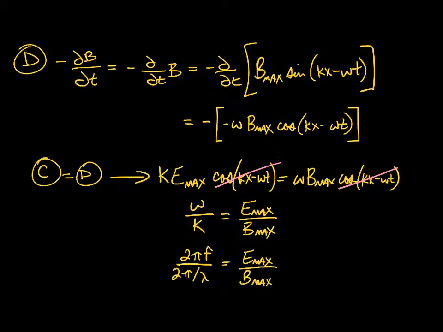And that means you get frequency times lambda. Well, guess what that is? Lambda is a wavelength, a distance. Frequency is inverse seconds, per unit time. That's speed. That's linear speed, in fact.